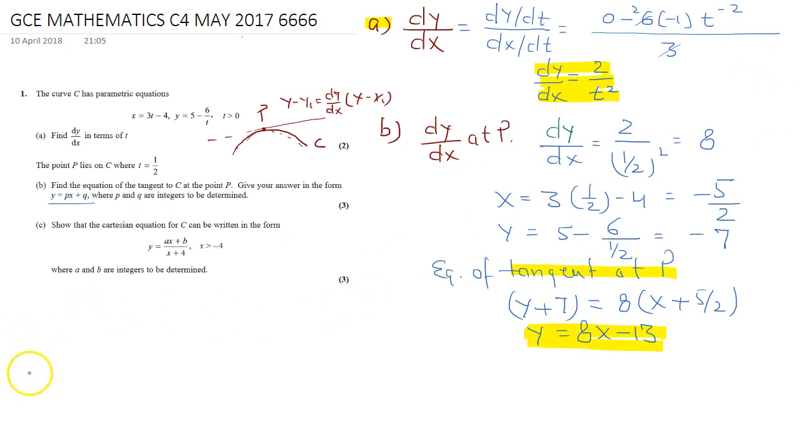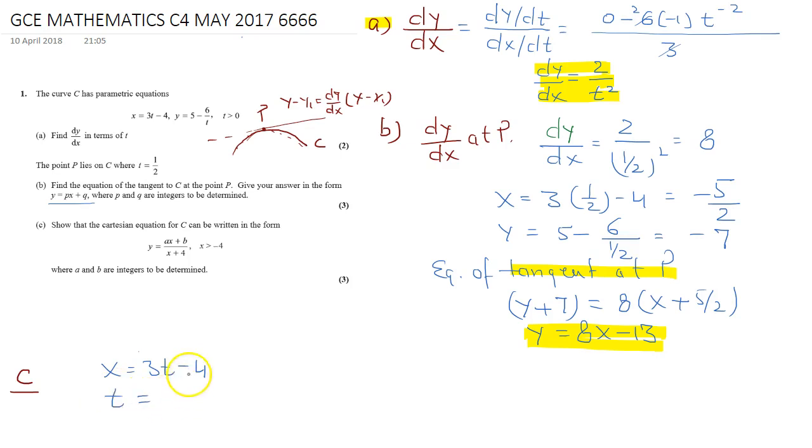Now part C. Show that the Cartesian equation for C can be written in this form. So let's take x is equal to 3t minus 4.